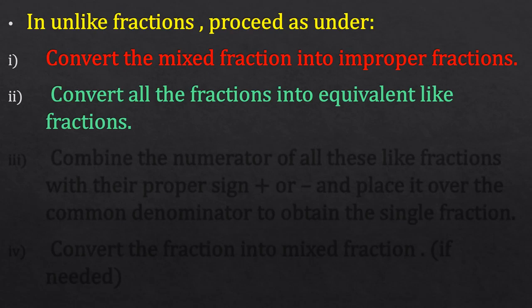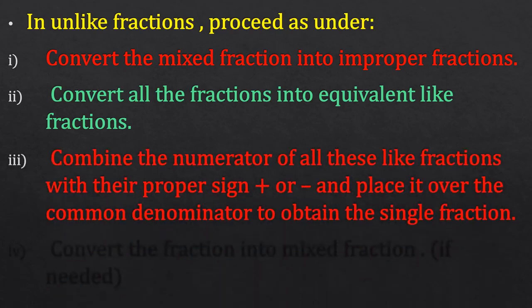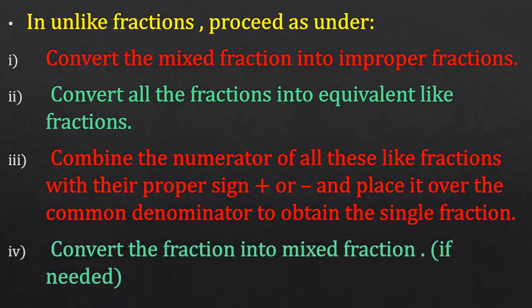Then when you get the like fractions, you have to add or subtract, whatever the case may be, and write down the common denominator. Then last, convert the fraction into a mixed fraction if it is an improper fraction. If you get an improper fraction, then at last you have to convert it into a mixed fraction. Now see the example of this also.